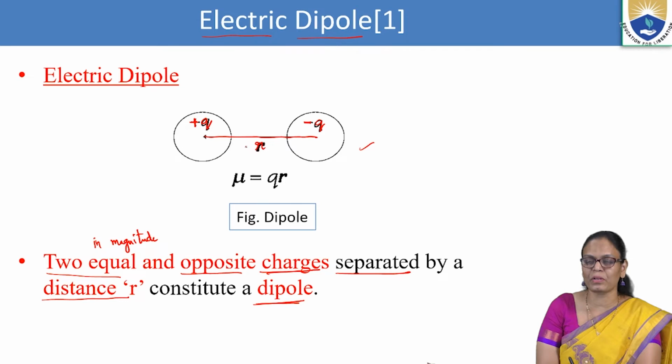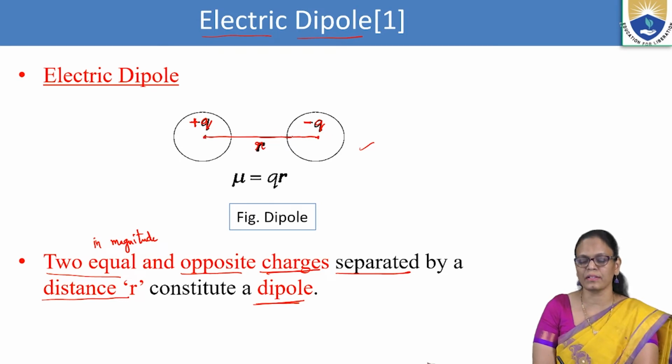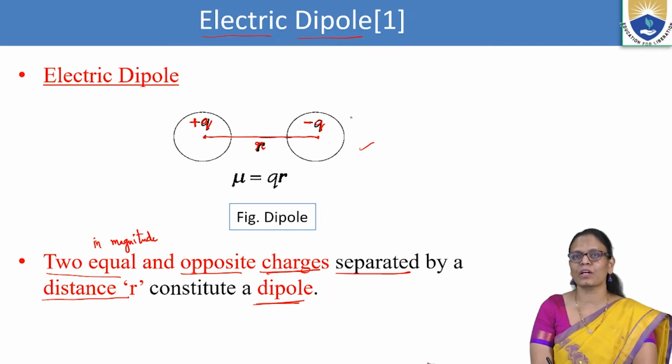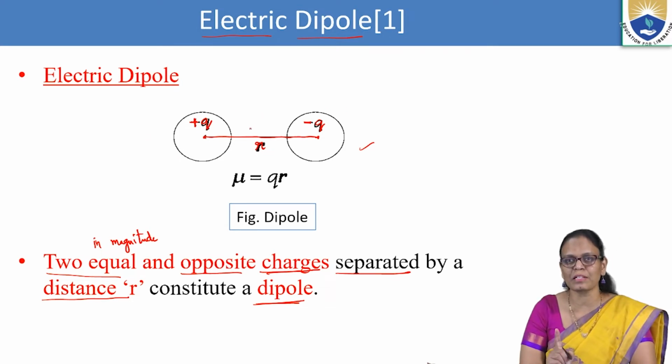I am talking about the separation from the center of one charge to the center of the other, denoted by r. Such an arrangement we call a dipole. Di means two: two charges equal in magnitude and opposite in sign, separated by a distance, constitute a dipole.